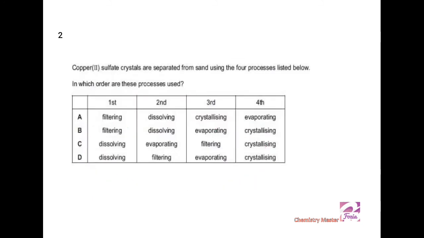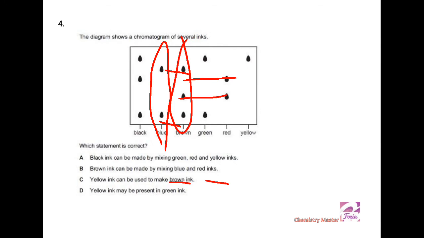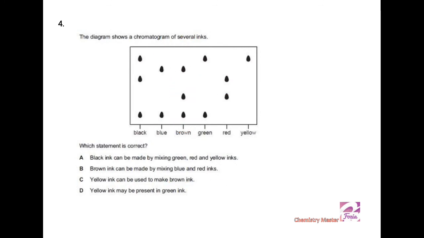Now we see option C. Yellow ink can be used to make brown ink. No, it can't be possible because the spot which is obtained in case of yellow ink is missing in brown ink.